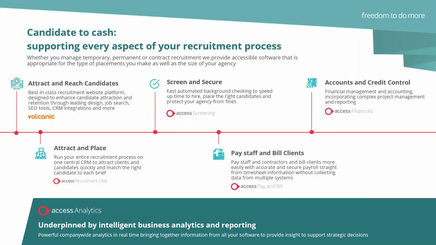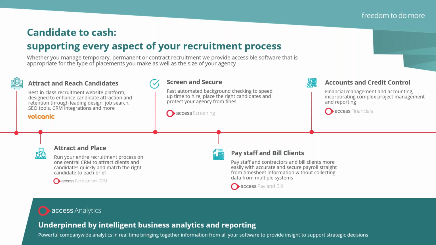The key area we're talking about today is automation, but it's worth noting that one of the things we really talk to recruiters about nowadays is that whole end-to-end process within their recruitment business. So we have an entire suite of applications that serves the entire business process within recruitment. It starts with attracting and reaching out to candidates via our Volcanic platform, which is brilliant for brand representation and candidate attraction.